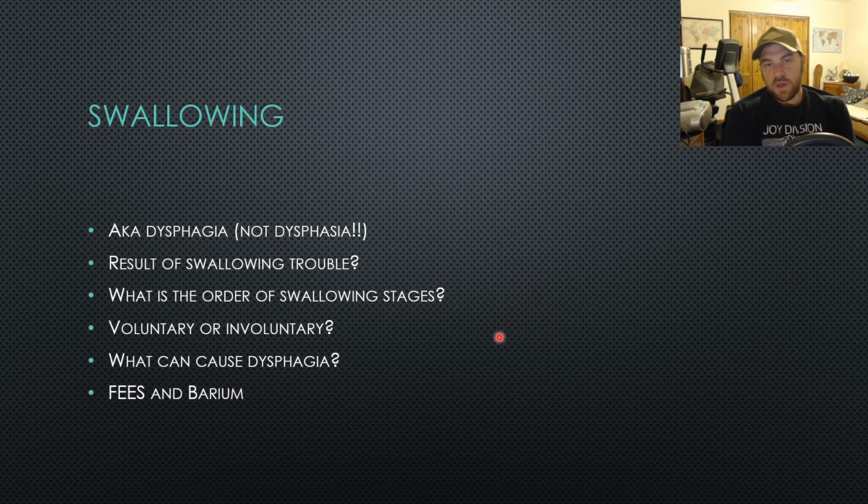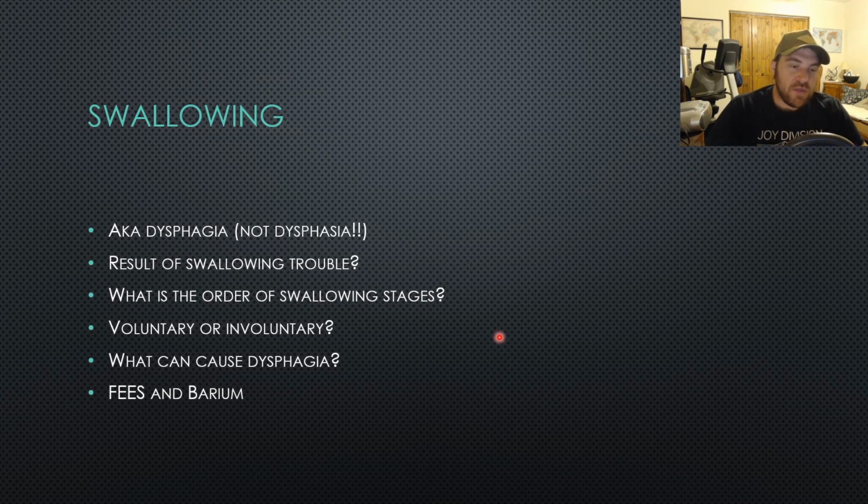The order of the swallowing stages is going to go pre-oral, which is when you're looking at your food, you're thinking about your food, you're smelling the food. That's pre-oral stage. You're going to start producing saliva here, even though the food is not even in your mouth. But you're getting ready to have the food in your mouth.